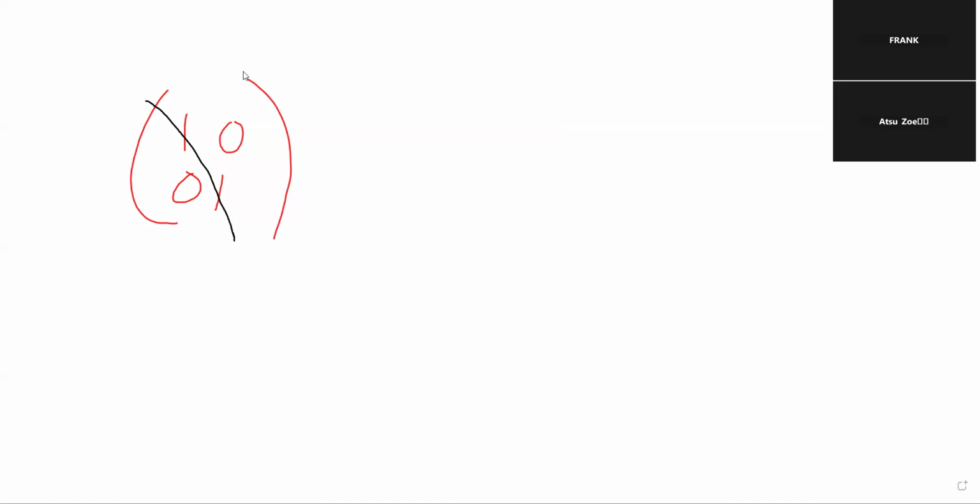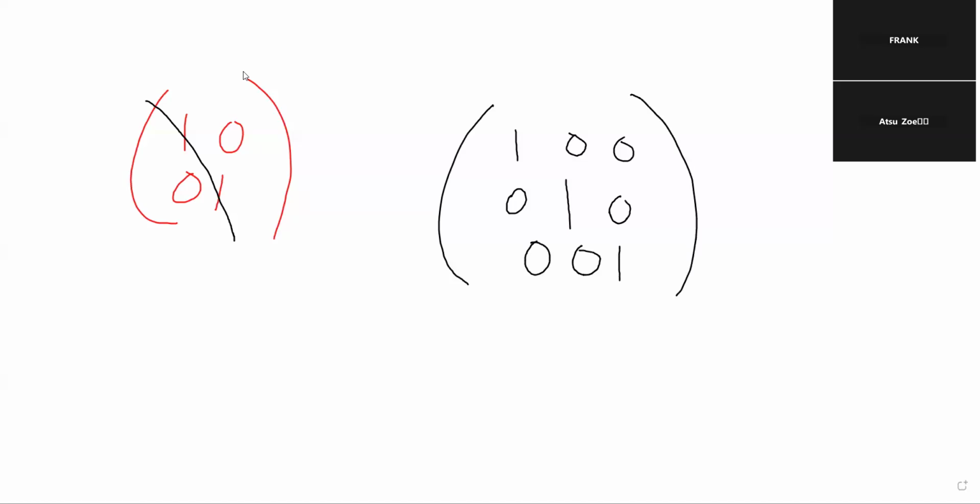So anytime you have a square matrix such that the main diagonal has entries of 1 and the non-diagonal entries are 0, then that type of matrix is a unit or identity matrix. If we take 3 by 3, then we can have 1, 0, 0, 0, 1, 0, 0, 0, 1.